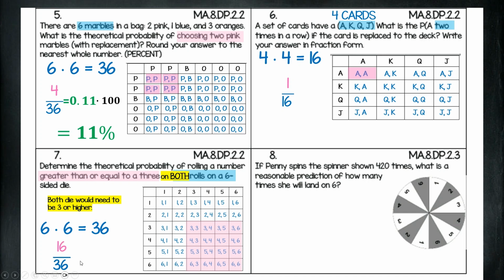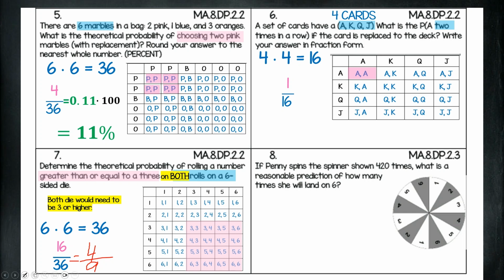So that is 16 over 36. And then we can simplify that even further, which I forgot to put on the notes. So 16 over 36 is going to simplify to 4/9. So I'm just going to write that in here. 4/9 is the simplified fraction for that.